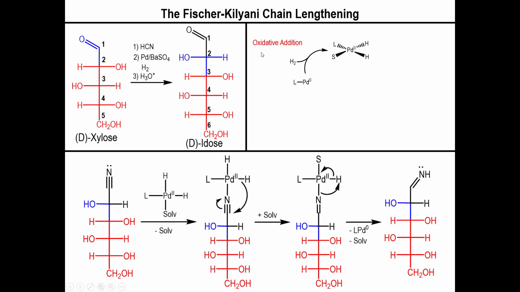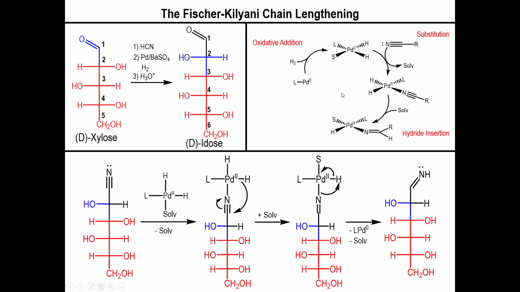This is known as oxidative addition, mostly because you're adding hydrogen and because the metal is getting oxidized. After that, the nitrile comes in and substitutes one of the ligands. So this is just a regular substitution reaction. After that, you have the attack of the hydride on your nitrile.